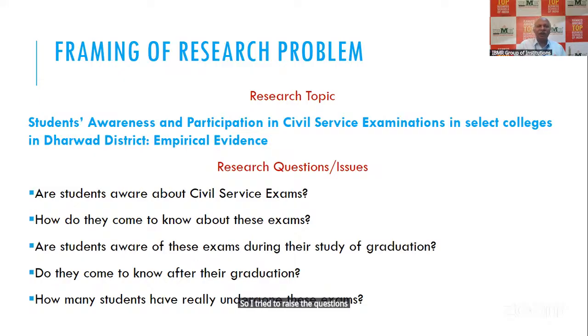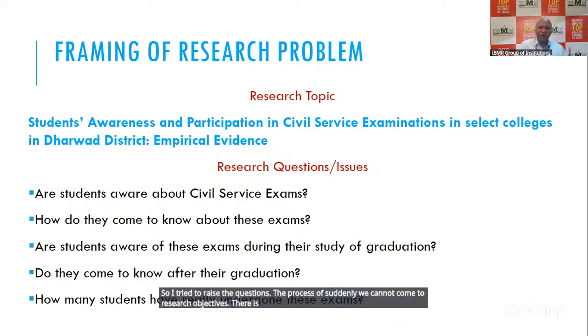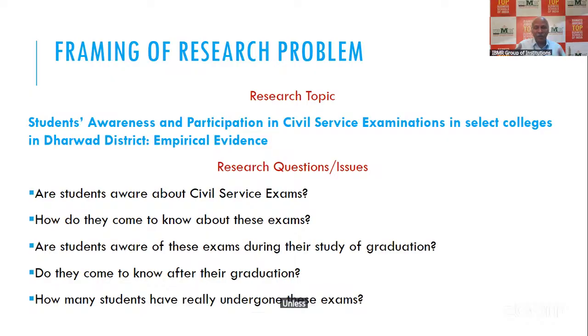We cannot suddenly come to research objectives. There is a wrong understanding of ours: we immediately jump to research objectives, go to a research guide or discuss with colleagues, saying, sir, please tell us one or two research objectives on this topic. It is very difficult to tell research objectives like that unless we do the process.